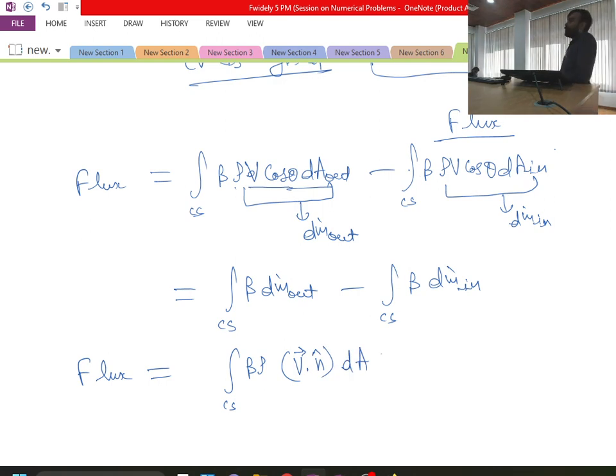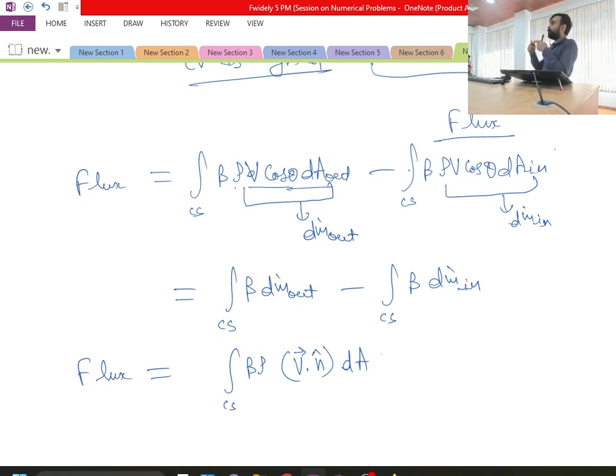What will v vector dot n cap vector be? It will be nothing but v cos theta only, when v and n cap are oriented in the same direction. When these are oriented in opposite directions, it will be minus v cos theta.